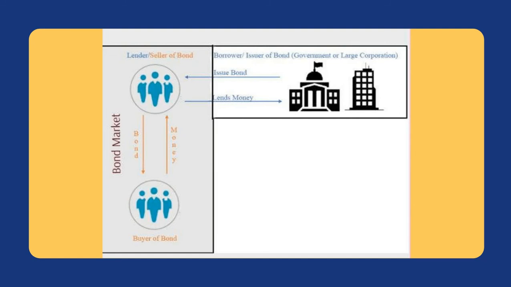So, circular form ni siya, nga pabalik-balik lang ang transactions. Depende kung kinsa ang seller, kinsa ang buyer. Then, ang ending ana kay padulong dito sa nag-issue sa bond. Again, it's either government or sa large corporation.